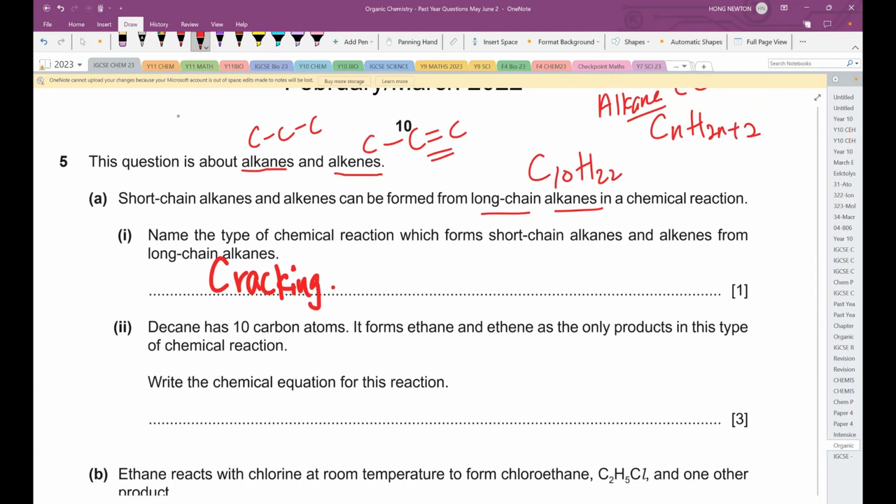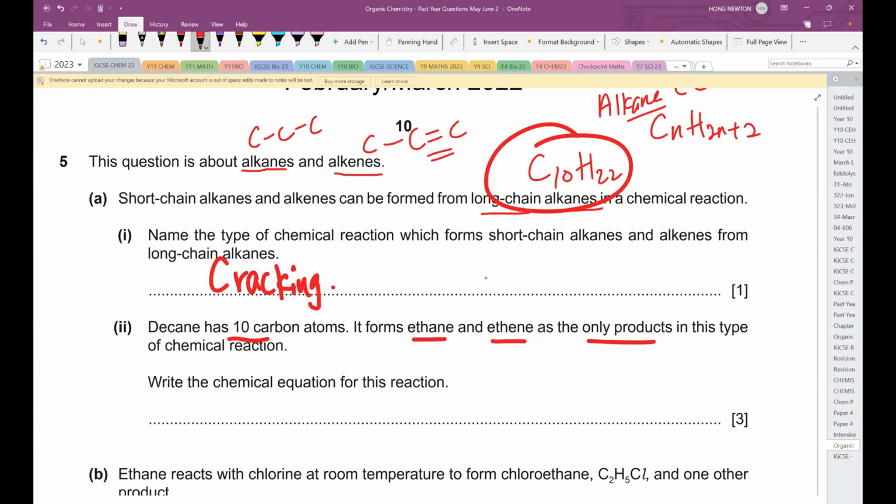The decane has 10 carbon, the one we wrote just now. It forms ethane and ethene as the only products in this type of chemical reaction.